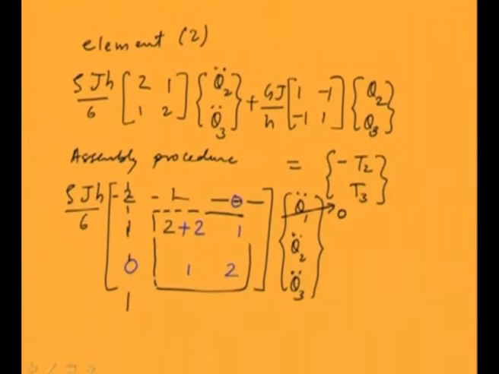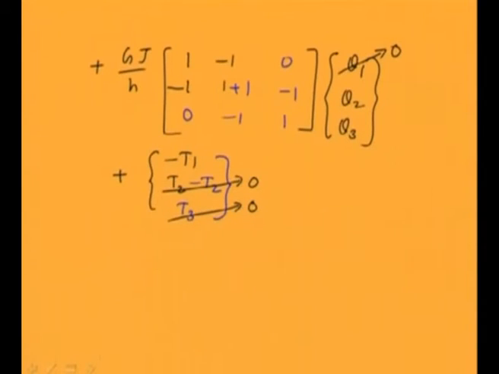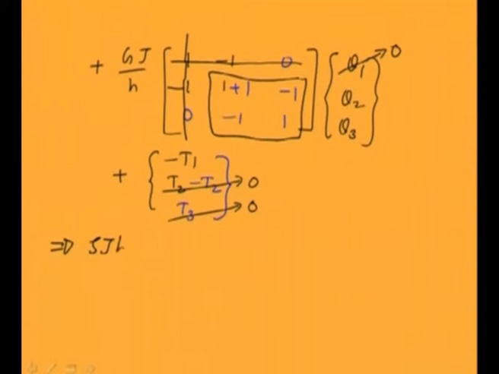So we will be left with these particular terms, and similarly in the stiffness matrix we will be left with this particular term. So after applying the boundary condition, our equation of motion is reduced to a 2 by 2 size of this form.